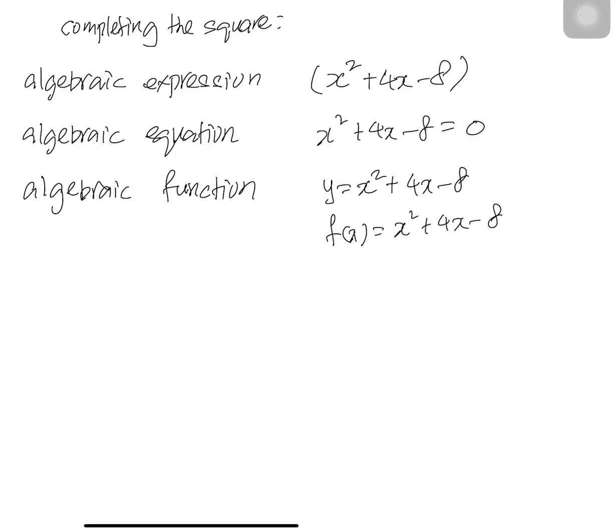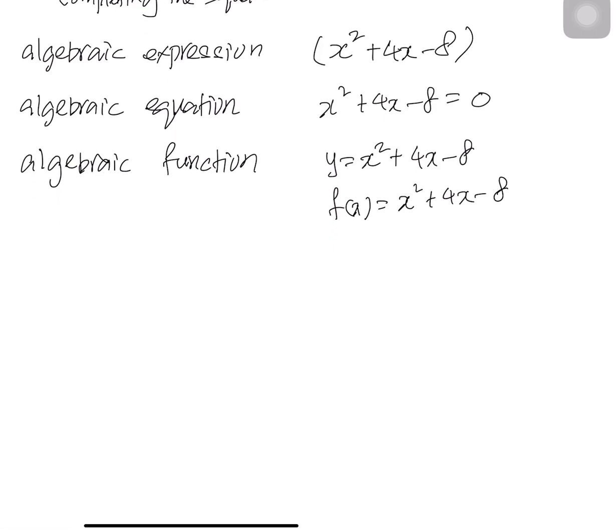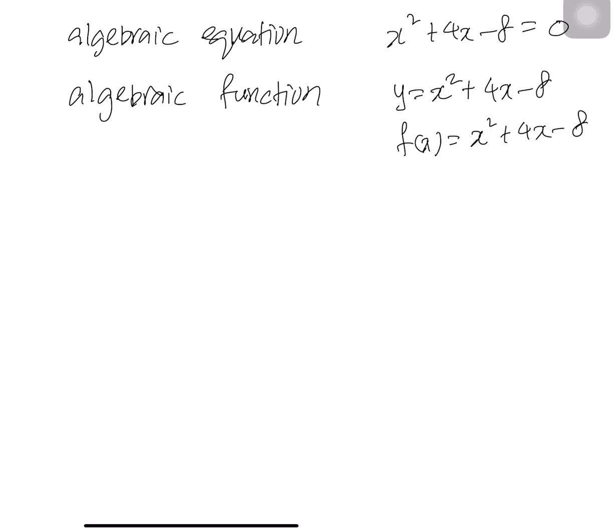So now let's take a look at how to do completing the square for all these three forms. Talking about completing the square, first of all, the most basic case: we do completing the square for an algebraic expression.